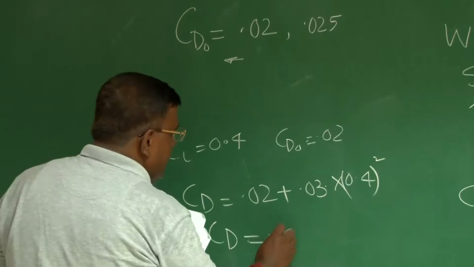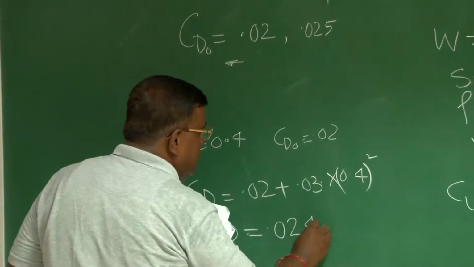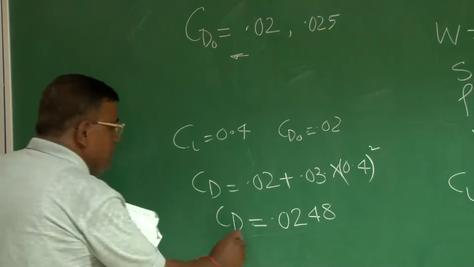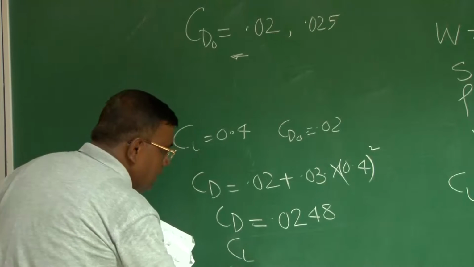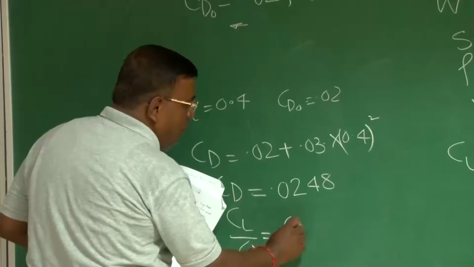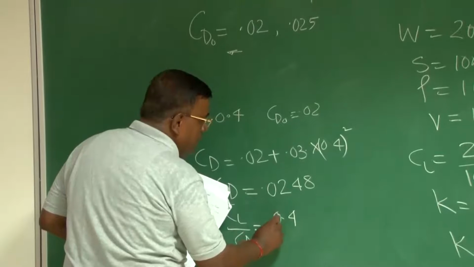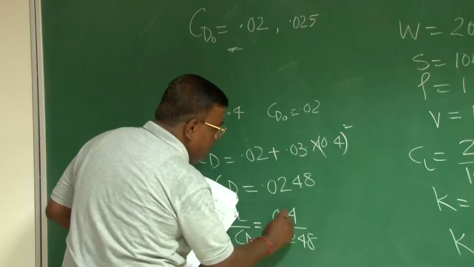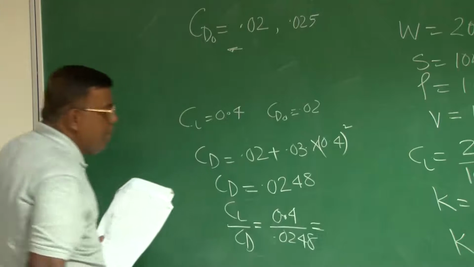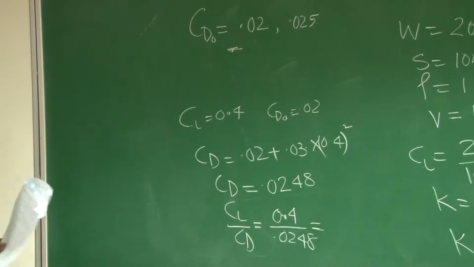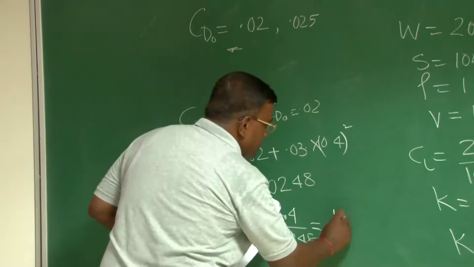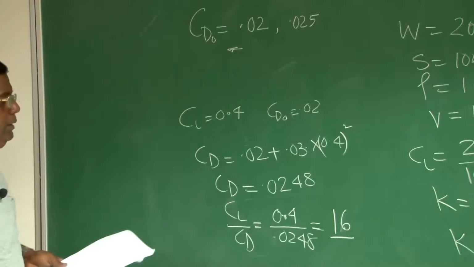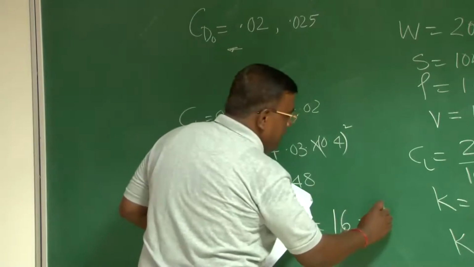This is typically 0.0248. Now, if you want to see what is the CL by CD, that will be 0.4 divided by 0.0248, that is equal to around 16. So I could see that L by D is 16.